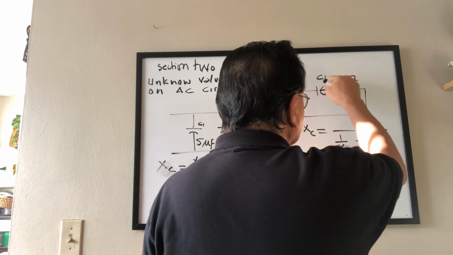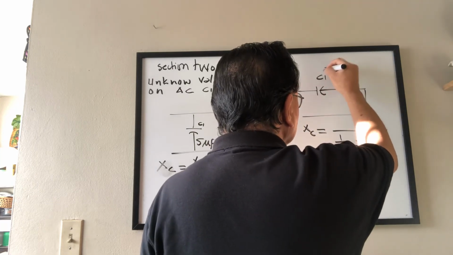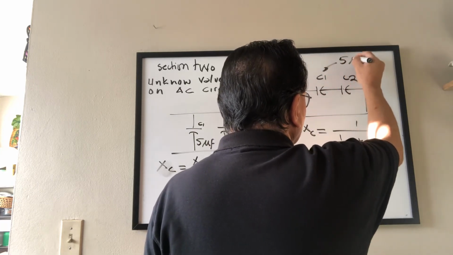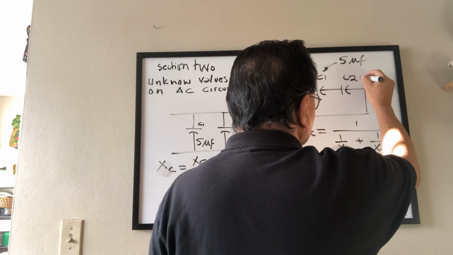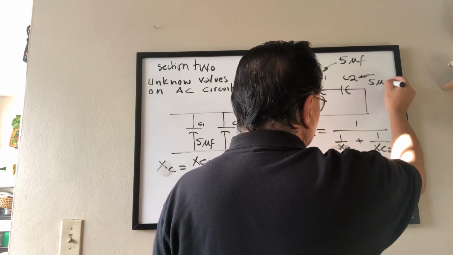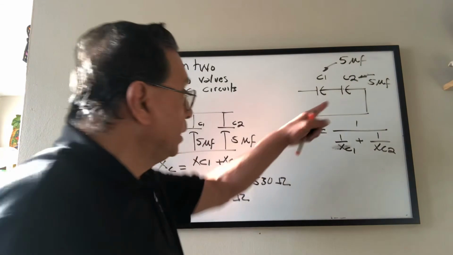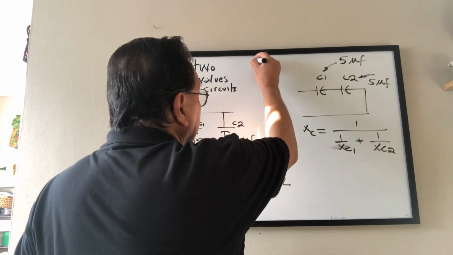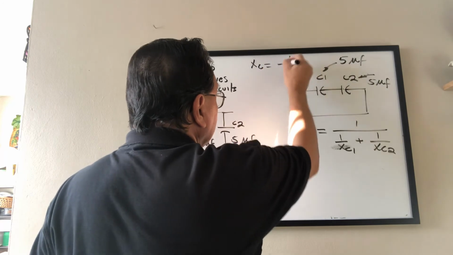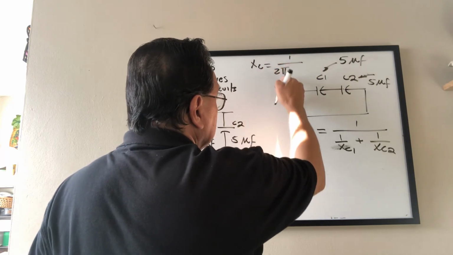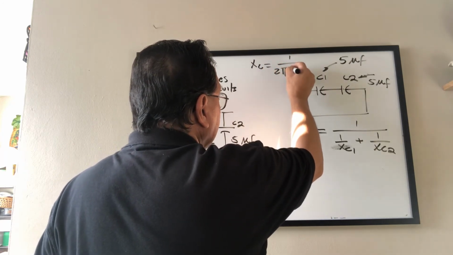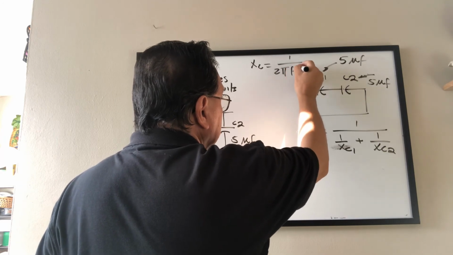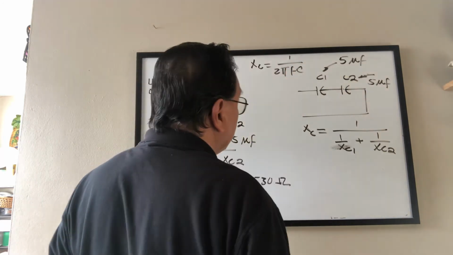The capacitance is given in microfarad, 5 microfarad. This is 5 microfarad. I need to calculate the ohms by using this formula: XC is equal to 1 divided by 2 times pi times the frequency times the capacitance in microfarad.